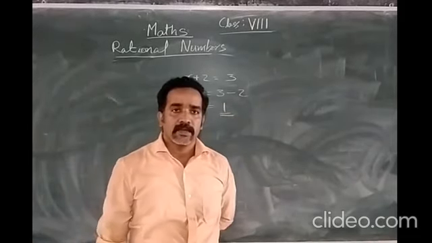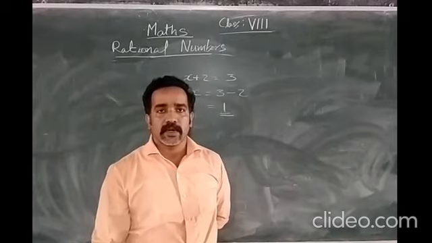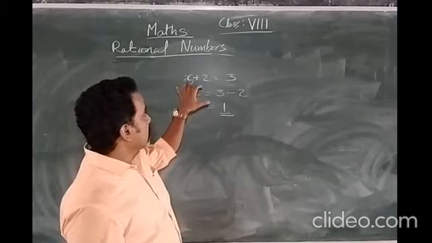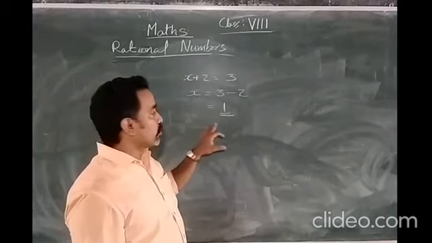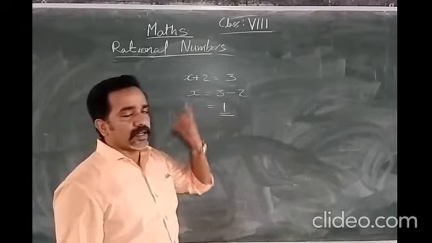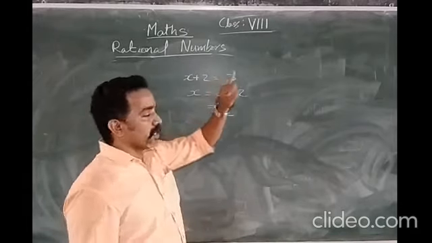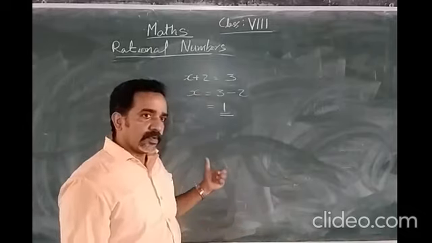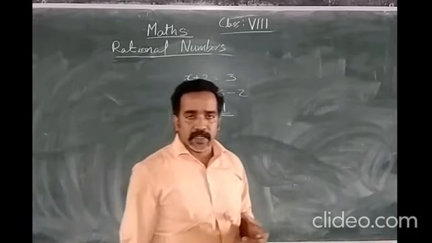And we know that 1 is a natural number. When you solve this equation, we get x is equal to 1 as the solution, and 1 is a natural number, and here 2, 3, all are natural numbers. And we studied already the set of natural numbers.